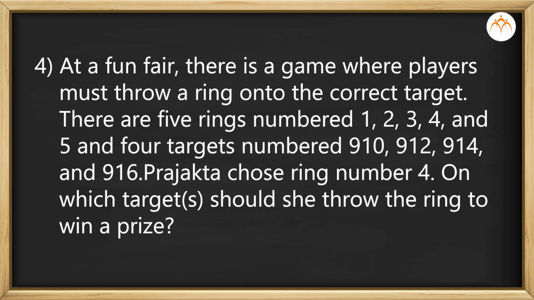There are 5 rings numbered 1, 2, 3, 4 and 5 and 4 targets numbered 910, 912, 914 and 916. Prajakta chose ring number 4. On which target or targets should she throw the ring to win a prize?